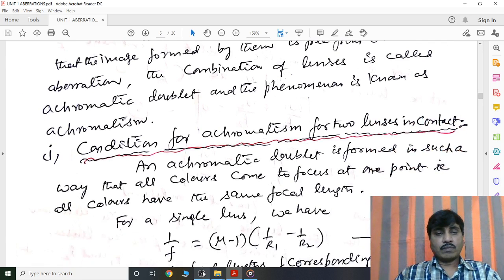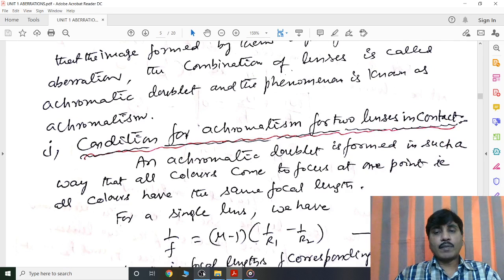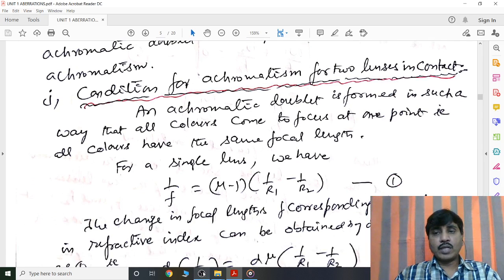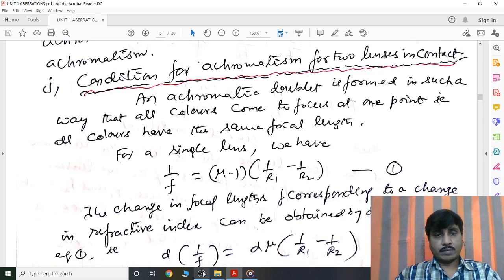Case 1. The condition for achromatism for two thin lenses in contact. An achromatic doublet is formed in such a way that all colors come to focus at one point. That is, all colors have the same focal length. That means the image of a white object is a white image.